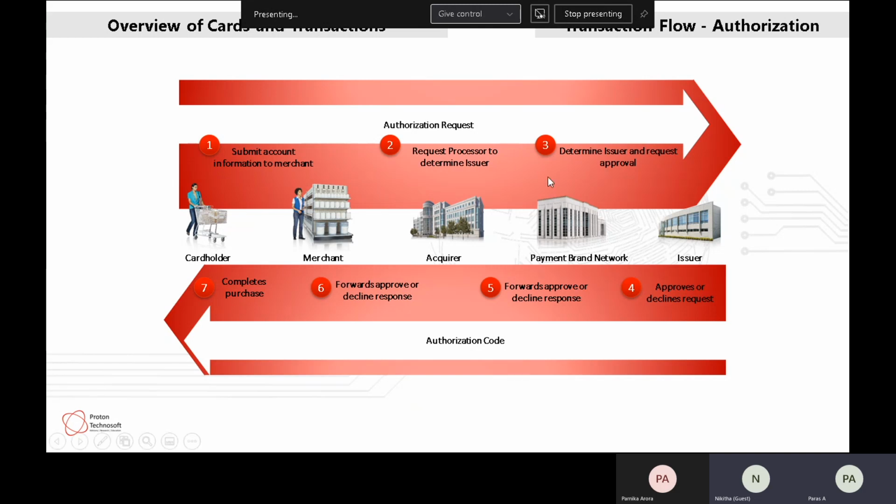So the transaction will come to Visa. Visa will determine, based on the issuer details, whether this transaction is for ICICI Bank or not. So Visa will say, okay, this transaction looks like it's for ICICI. Let me send this transaction to ICICI. So Visa will forward that request to the issuer, which is ICICI in this case.